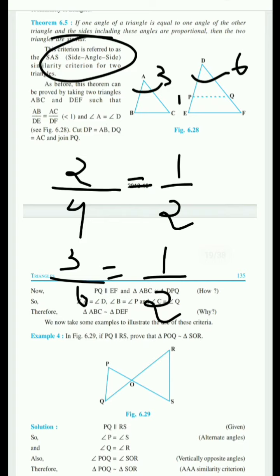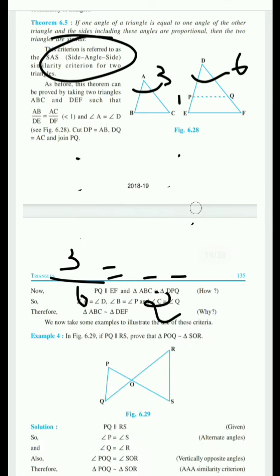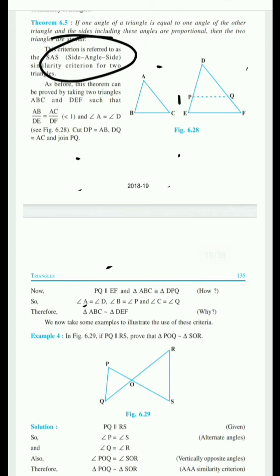So we can say that if the ratios of the sides are equal, only two sides, not the third side, which include the angle, if angle A and angle D are the same and the ratios of the sides, AB upon DE and AC upon DF, are the same, then this whole triangle is similar according to theorem 6.5.